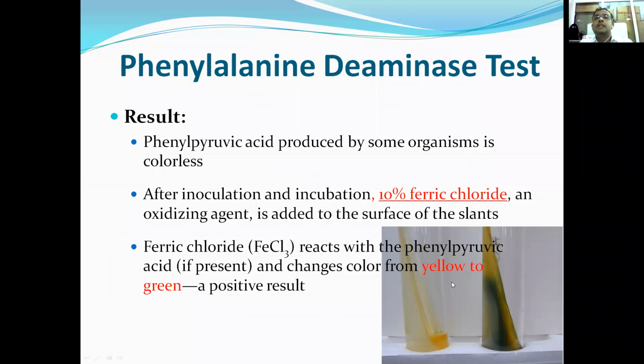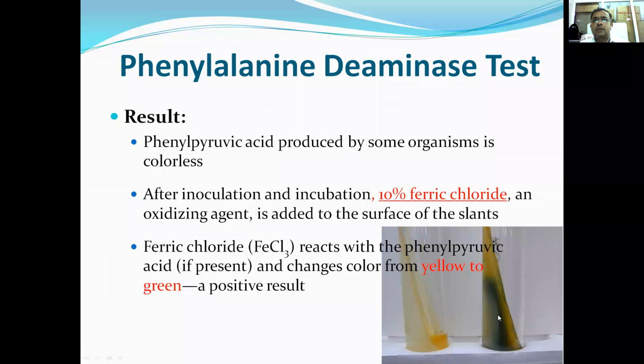This leads to green coloration, and green color is positive in the case of the phenylalanine deaminase test. Green color is negative in the case of citrate; Prussian blue is positive. So this will create confusion, and you have to remember the pH and pH indicator along with the color of a positive test and the color of a negative test.